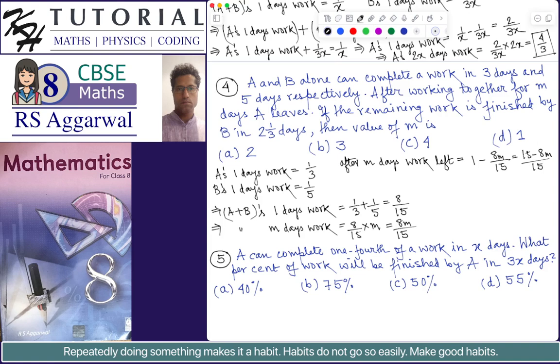So the time taken by B to complete the work left will be equal to, the work left is 15 minus 8m by 15. So how do we know the number of days that B will take to complete the remaining work when we know that B's 1 day's work is 1 by 5?